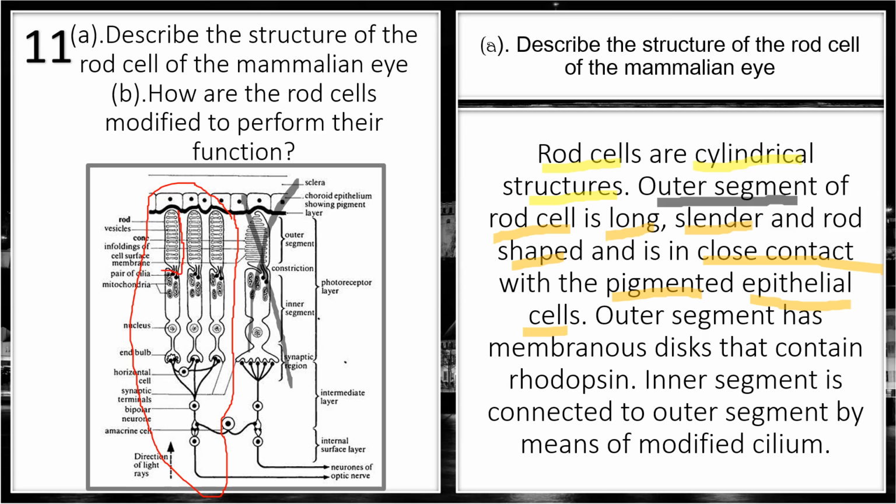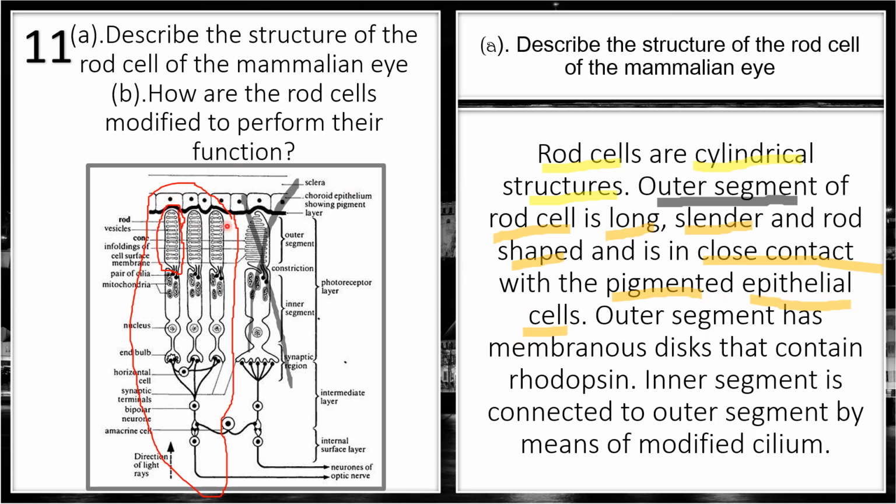All this part is what we call the outer segment. We are saying that the outer segment of the rod cell is long, slender in size and rod-shaped, and is in close contact with the pigmented epithelial cell.